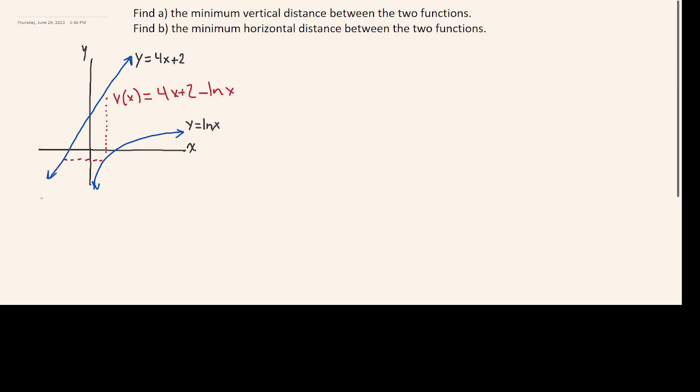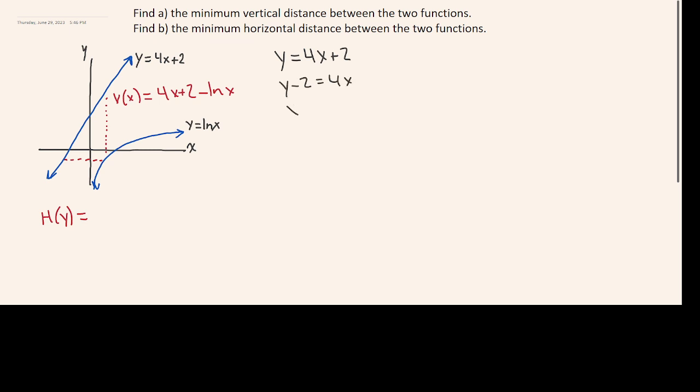Now, to find the horizontal distance, h of y, because we have to write it in terms of y, because we're dealing with the other axis, let's solve for x in both of these equations. Subtract 2 from both sides. y minus 2 equals 4x.